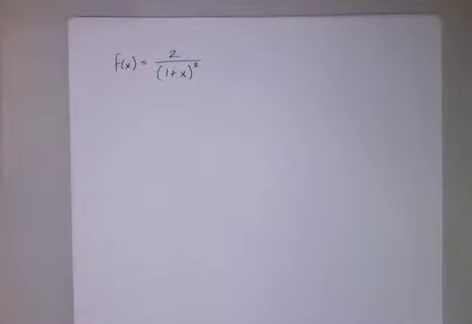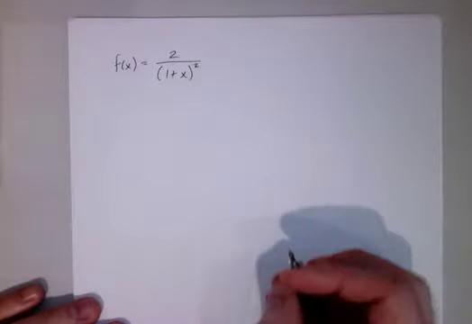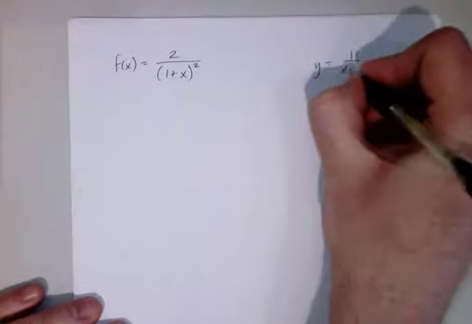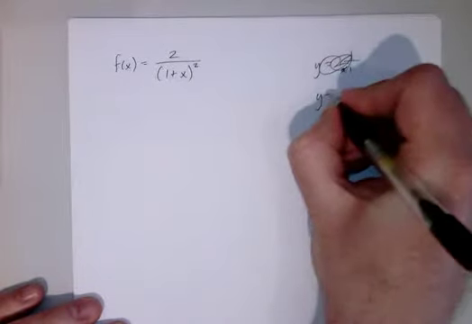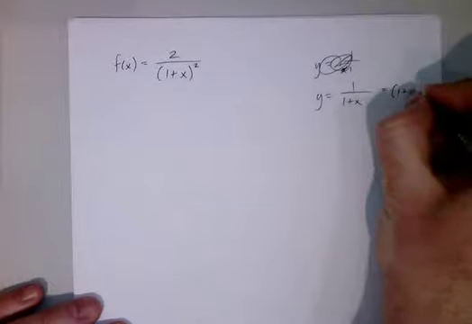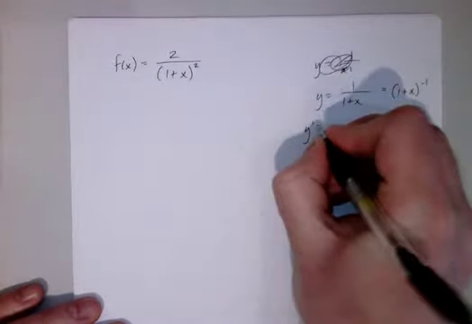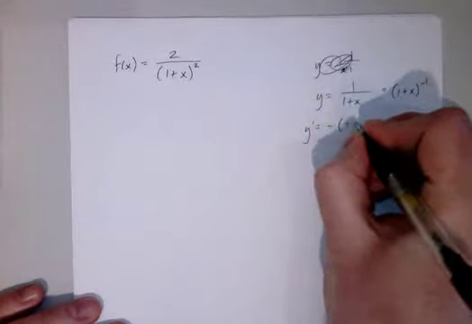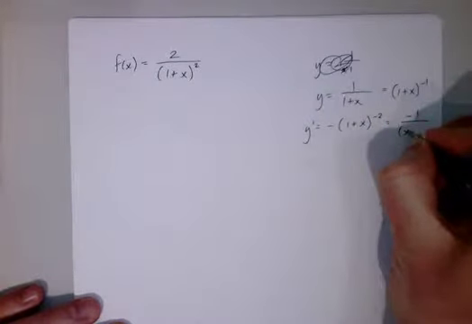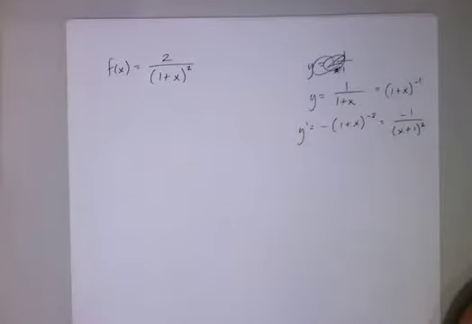And the reason it's a little bit trickier is you recognize the fact that if I had y equal to 1 over 1 plus x, that would be 1 plus x to the -1, and y prime would be negative 1 times 1 plus x to the -2, or -1 over 1 plus x squared.